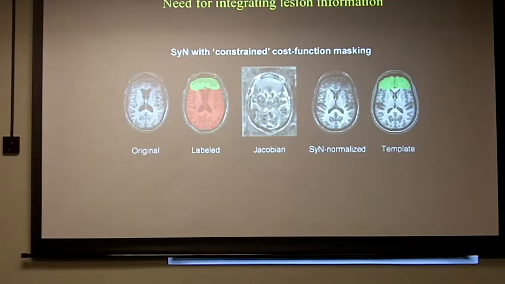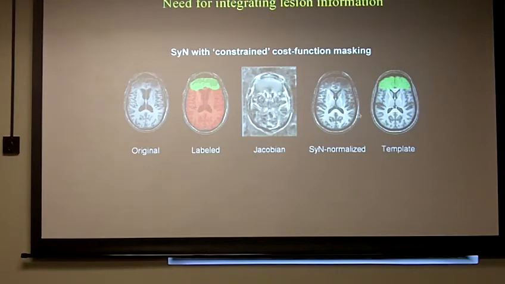So what you get is this smooth Jacobian determinant field change from the perilesional area to within the lesion area.